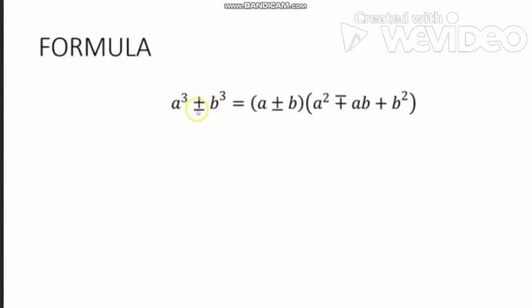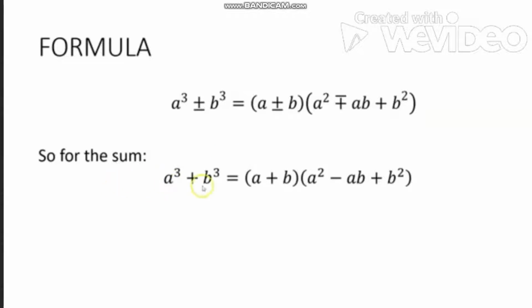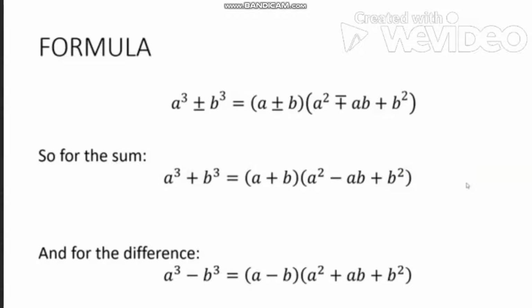You'll notice I've got two signs here: when it's plus we follow the top signs, and when it's minus we follow the bottom signs. The last one has only one sign, because that one's always plus. So in your notes, for the sum this is what you'll have, and for the difference this is what you'll have.